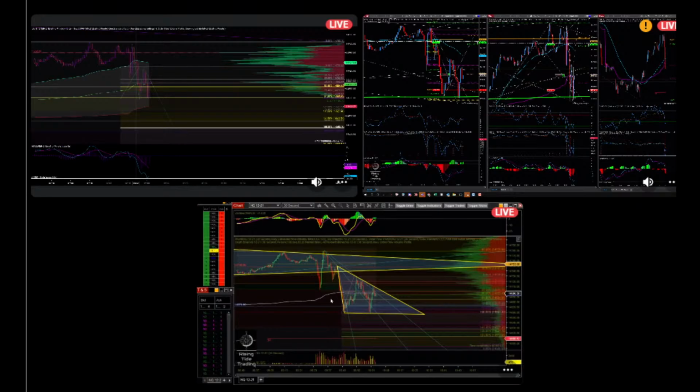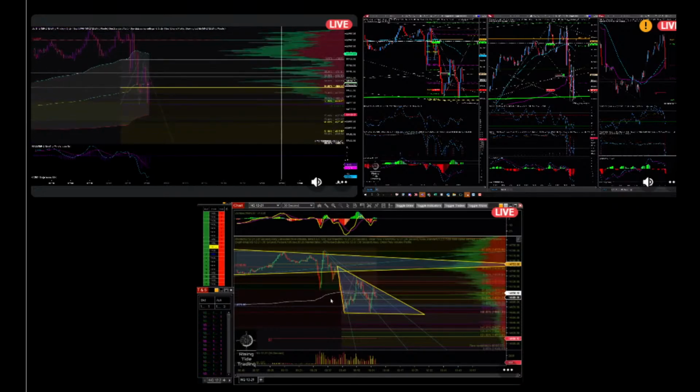Hey, Lou, is there a way to tell if it's better to take a retest or a clean break out of a triangle? No, it does not. It can work either way. That's going to depend on your view, how you feel comfortable, and how the candles are working.